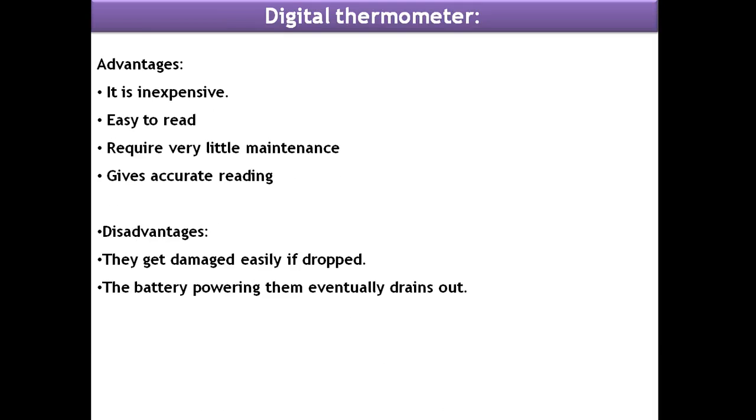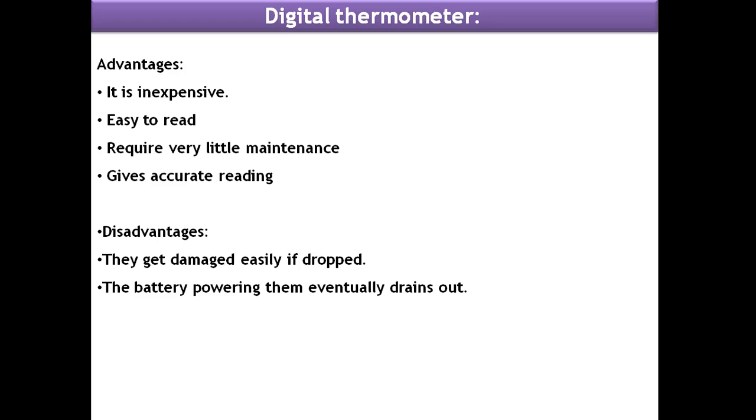Now coming to the advantages of digital thermometers: these are inexpensive, easy to read, require very little maintenance and give an accurate reading. And coming to the disadvantages, they get damaged easily if dropped and the battery powering them eventually drains out.